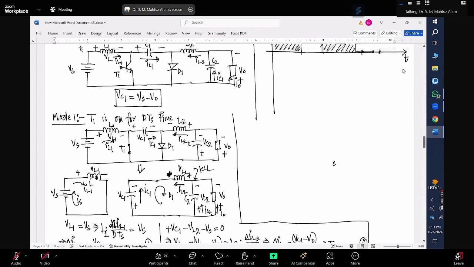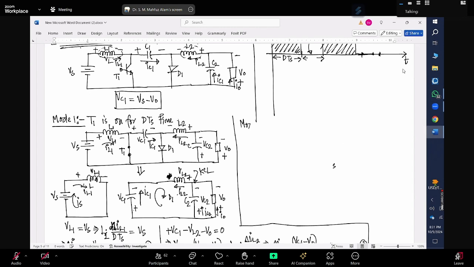Okay. So for mode 2, T1 is off for 1 minus D multiplied by TS time. So the circuit will look like this. Suppose we have a source, then we have an inductor, then we have a capacitor.